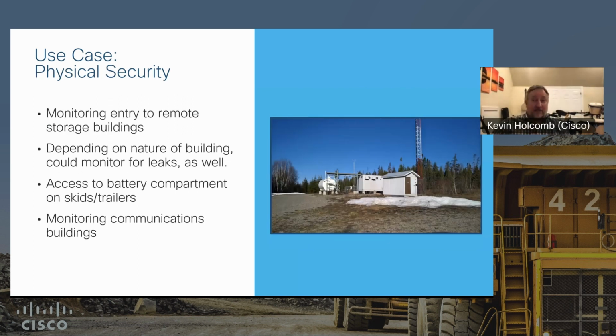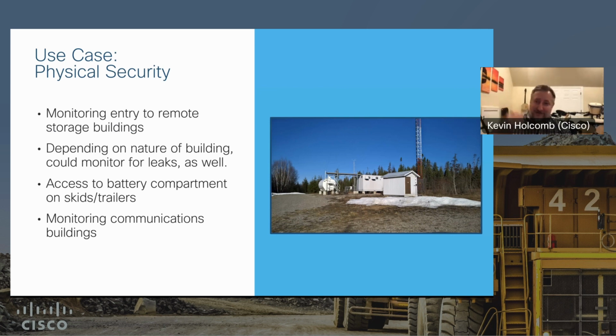Okay, and this is a good catch-all, like physical security. Maybe you have an outbuilding or a storage building for supplies closer to the service area, right? Those kinds of buildings may have power, but you may not have a security system. Or you have a comms building, and the door gets left open somehow, and bad things can happen.